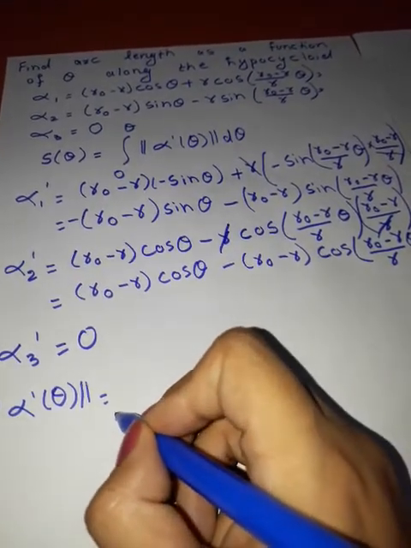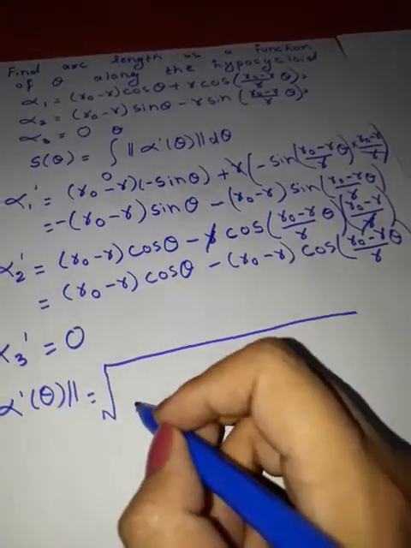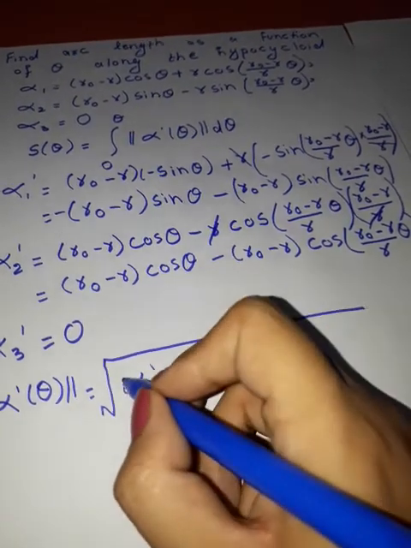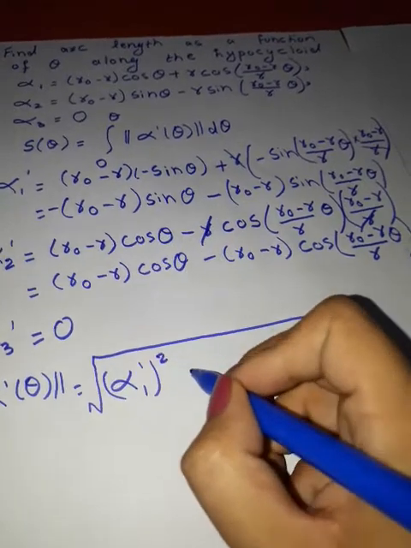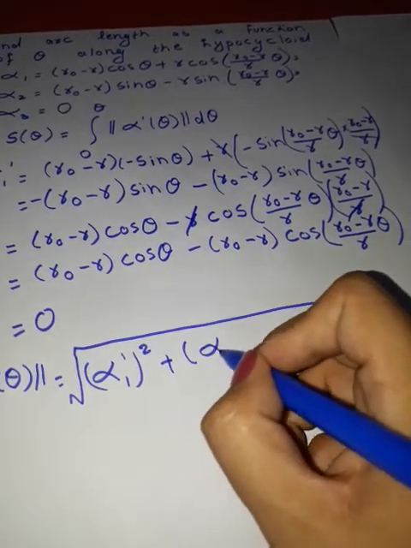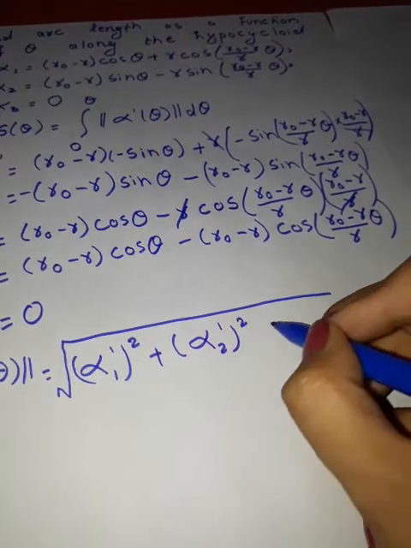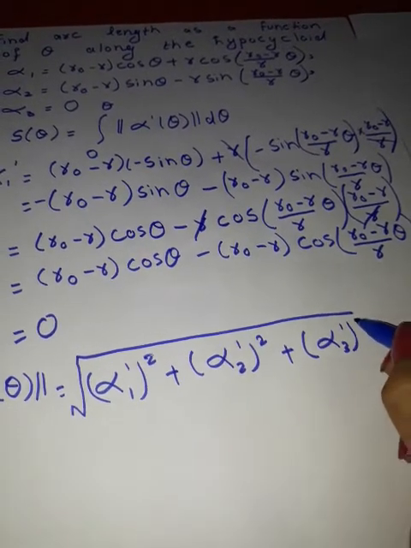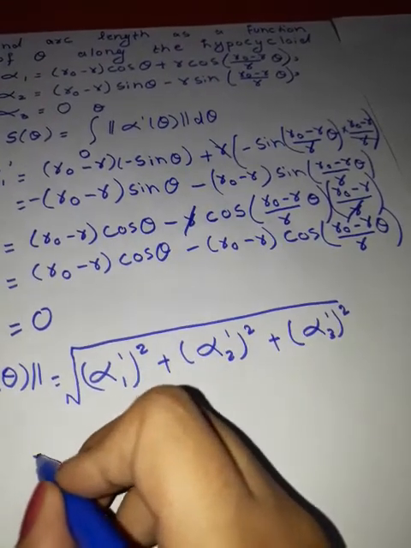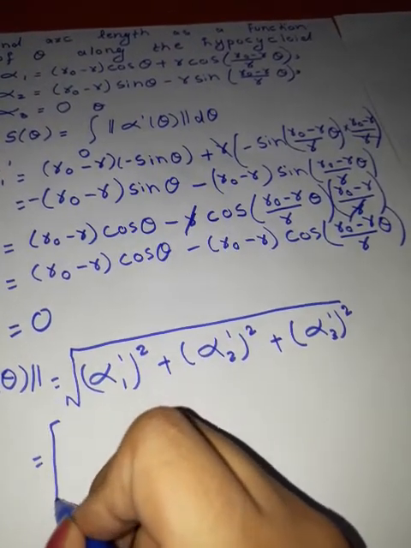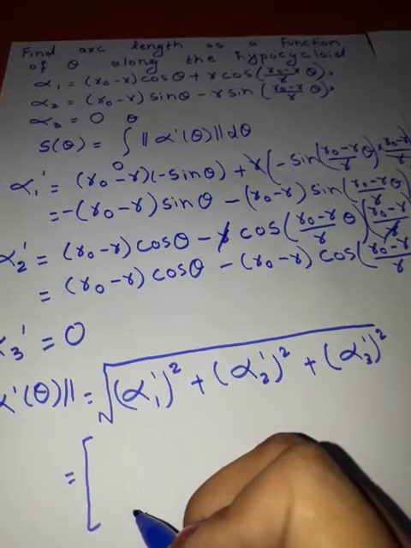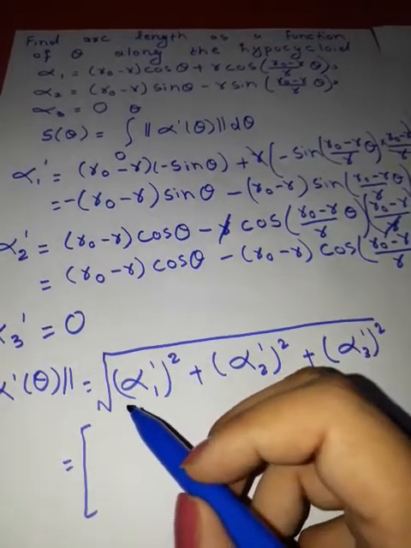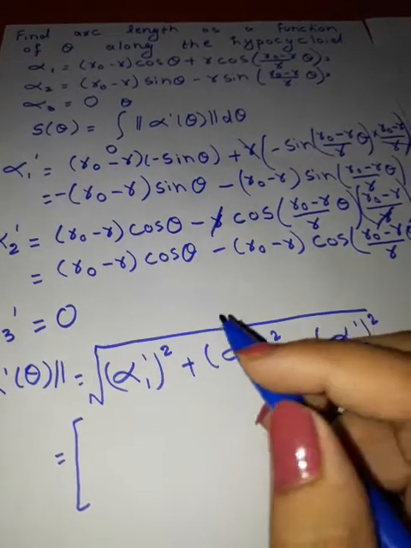It is equal to the square root of alpha 1 prime square plus alpha 2 prime square plus alpha 3 prime square. Now let us substitute values for alpha 1 prime, alpha 2 prime, alpha 3 prime.